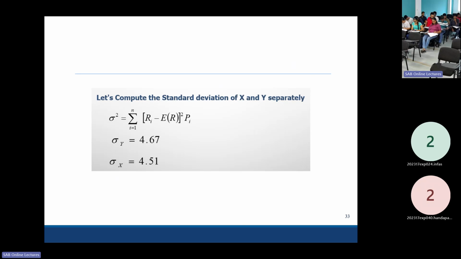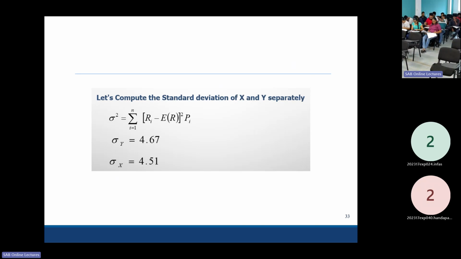Same thing you have to report. You have a calculator, you can click it. 4.67 and 4.51.